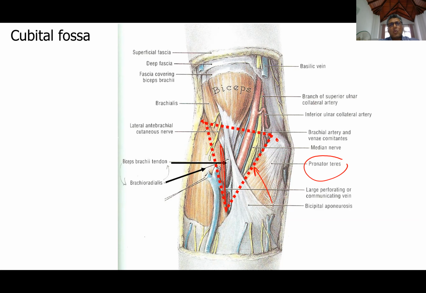And the floor is formed by the brachialis muscle in the proximal part and the supinator muscle in the distal part, and the roof is formed by the deep fascia here.